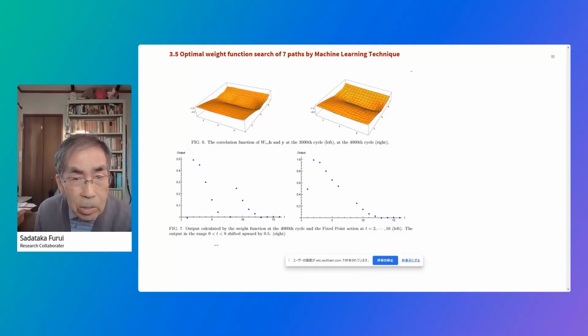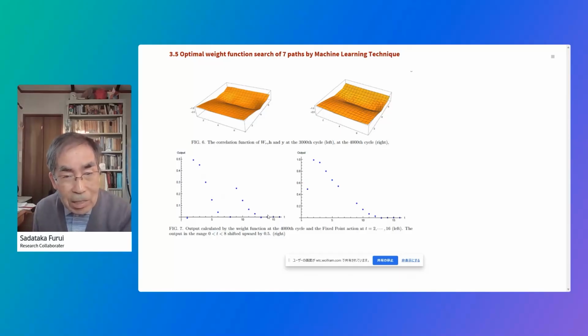And after 3,000 cycles and 4,000 cycles, they are almost stable. And if the path in one way goes to return to the center, the action becomes 0.